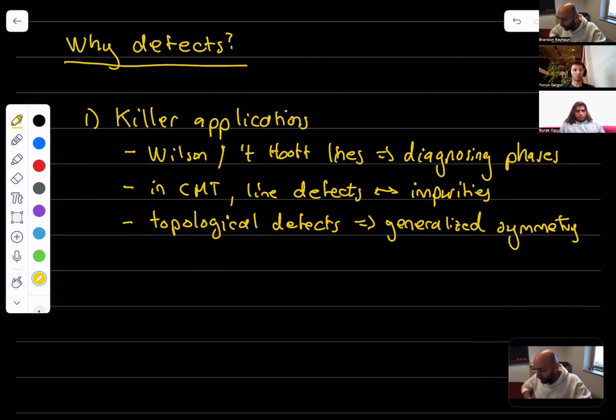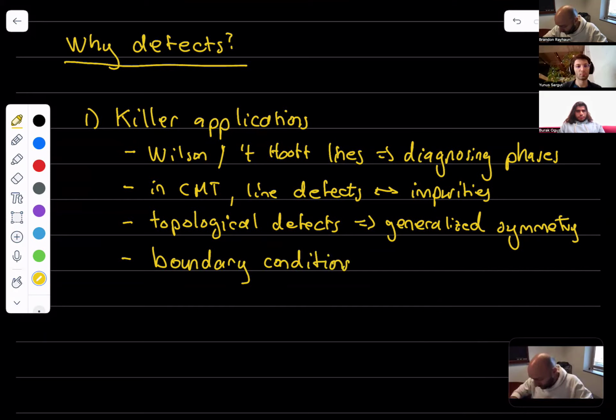Arguably, even more interesting are not necessarily topological defects, but these are much harder to study. The focus of this talk is mainly trying to learn things about non-topological defects. And if we include things like boundary conditions under the umbrella of extended objects, just codimension 1 defects if you'd like, then you get a ton more applications.